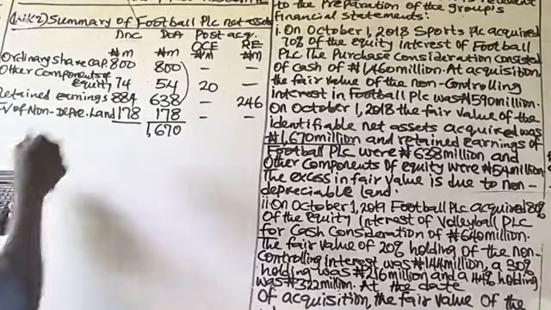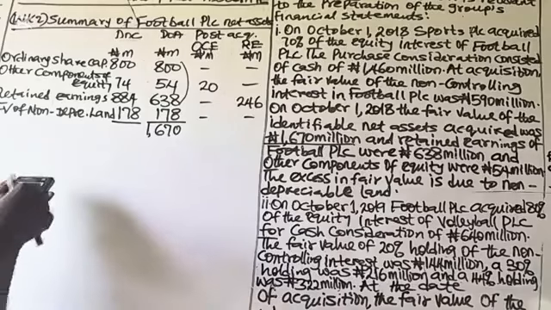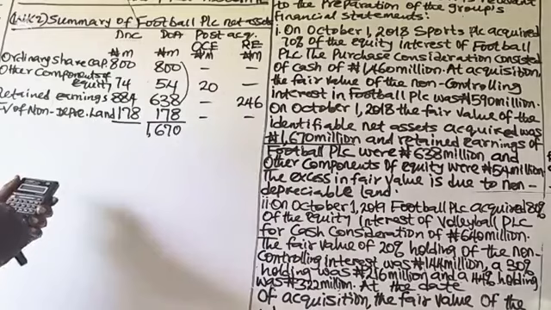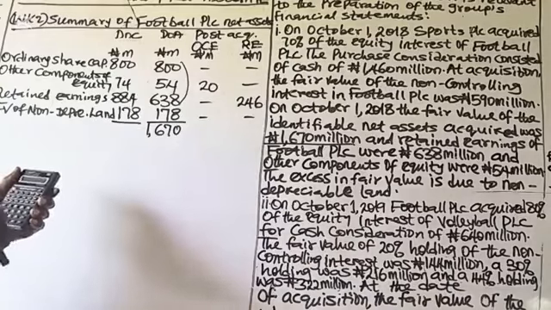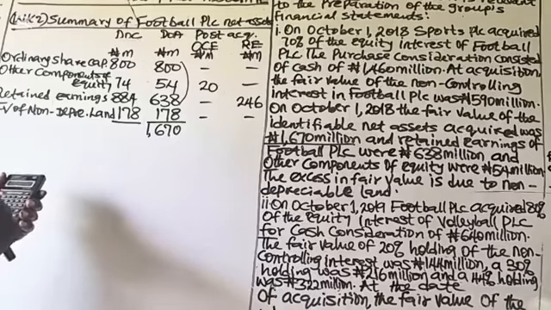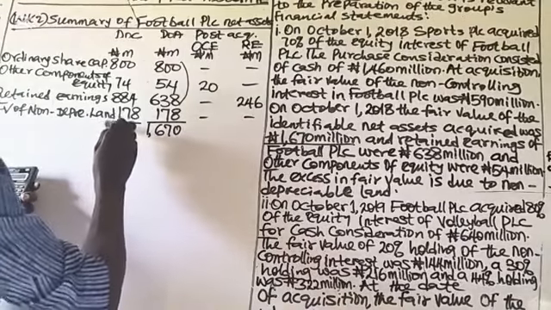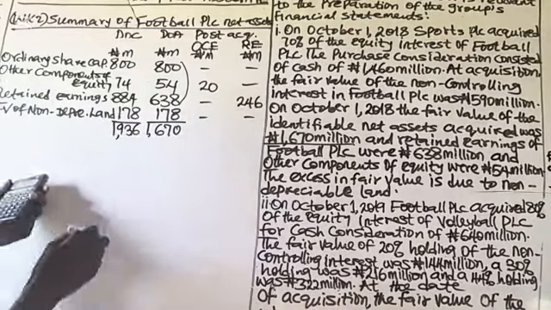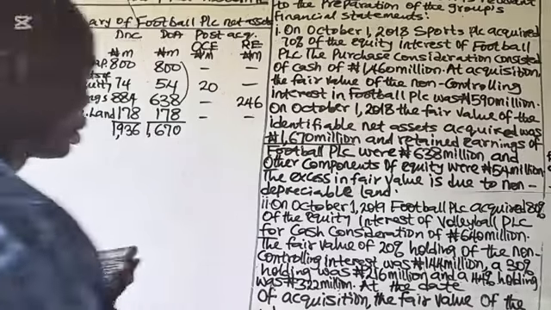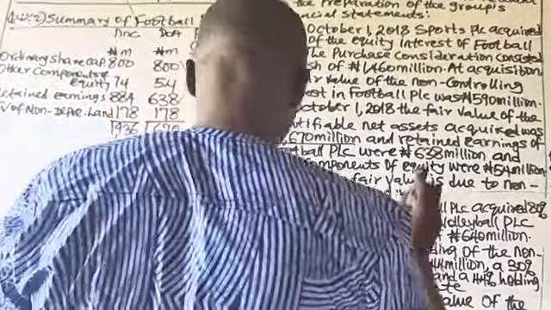So we have 800 plus 74 plus 884 plus 178, and this totals 1,936. That is all about that note.